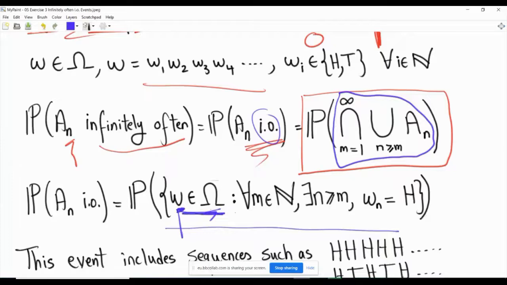This is how we define our event. For every m that is a natural number, there exists an n, of course a natural number, greater than or equal to m, such that omega_n is equal to H.